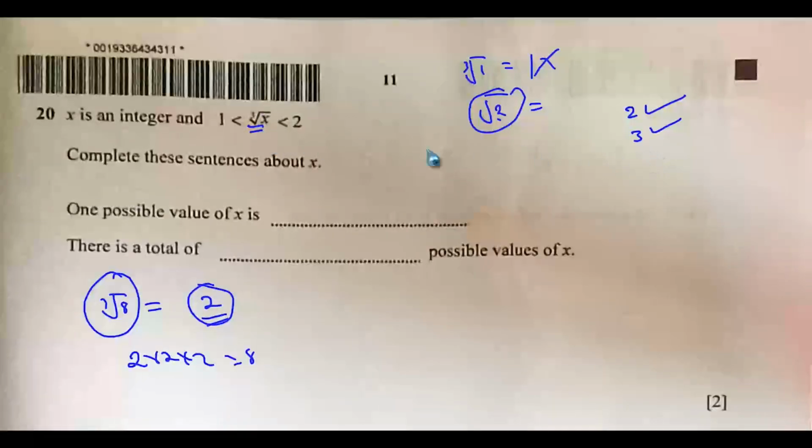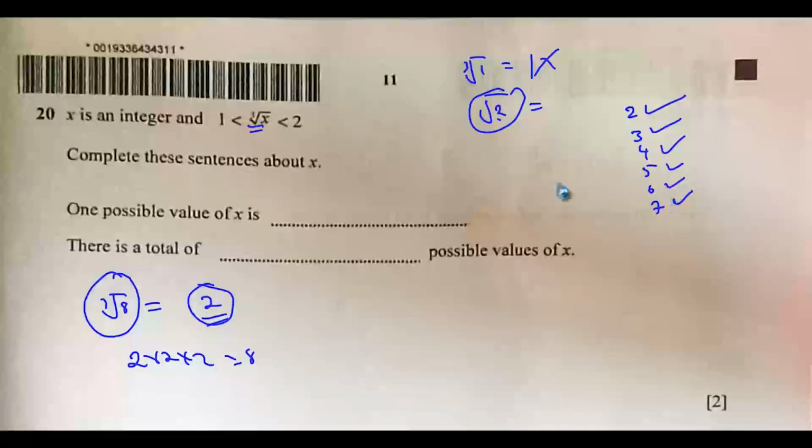So 3 is valid. If you go to 4, cube root of 4 will be more than 1. So 1 is less than cube root of 4, and cube root of 4 is not up to 2, just like I told you. So 4 will be valid, 5 will be valid, 6 will be valid, 7 will be valid.